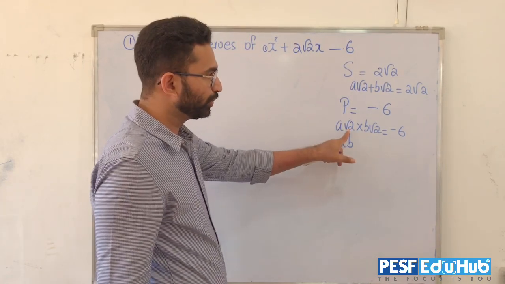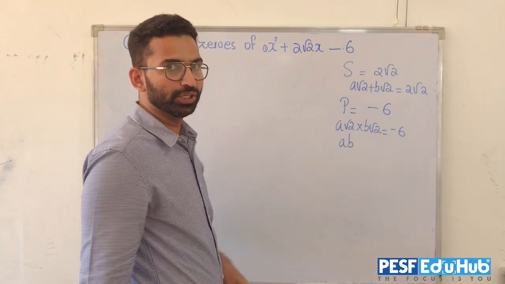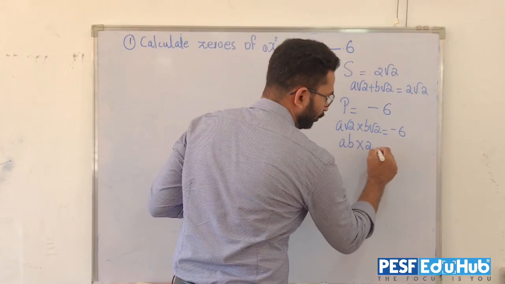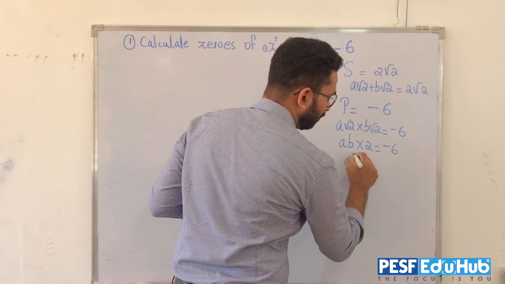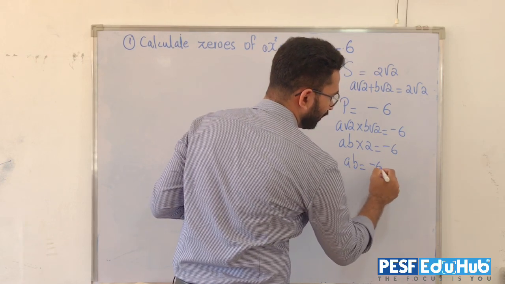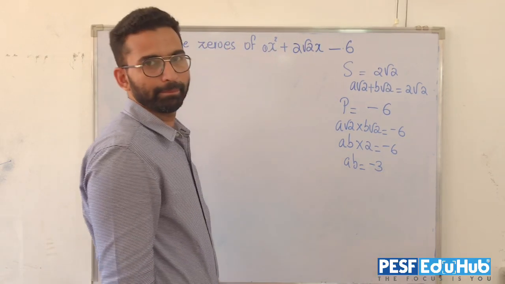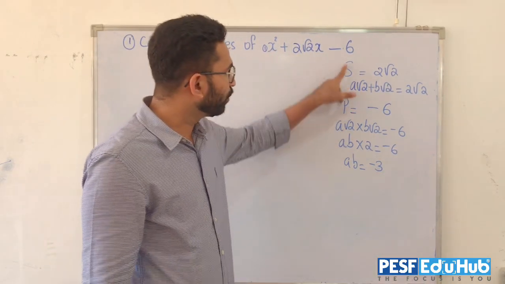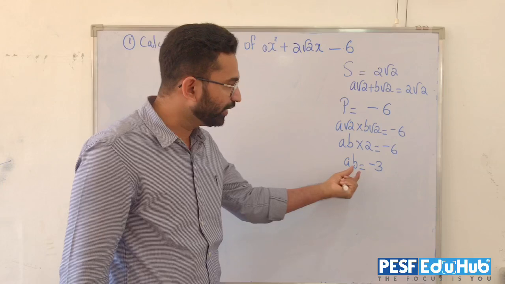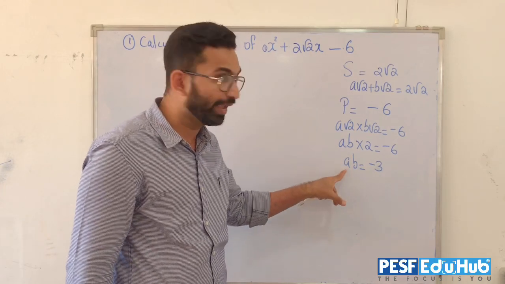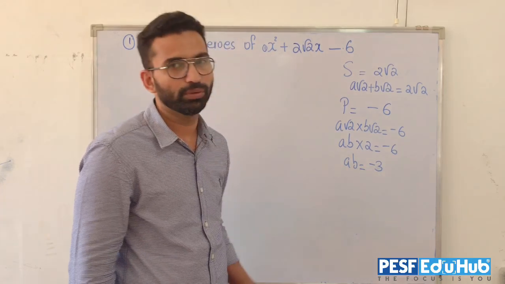Your answer will be 2, right? So ab into 2 becomes minus 6. It means ab equal to minus 6 divided by 2 becomes minus 3. So in the question it was actually minus 6, but finally the product of a and b is equal to minus 3.